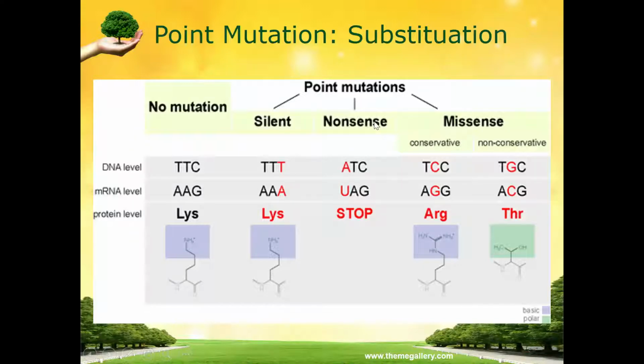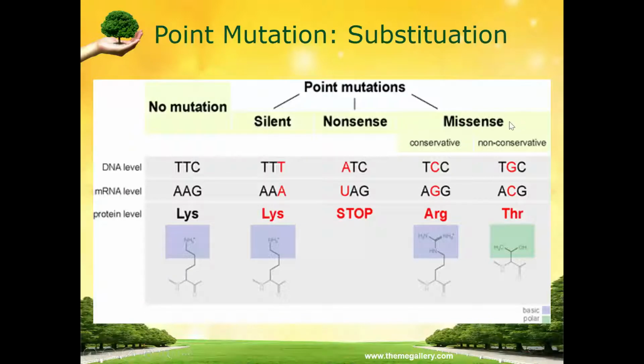Nonsense mutation is also a change in one DNA base pair, here A to U. Instead of substituting one amino acid for another, however, the altered DNA sequence prematurely signals the cell to stop building a protein. This type of mutation results in a shortened protein that may function improperly or not at all.